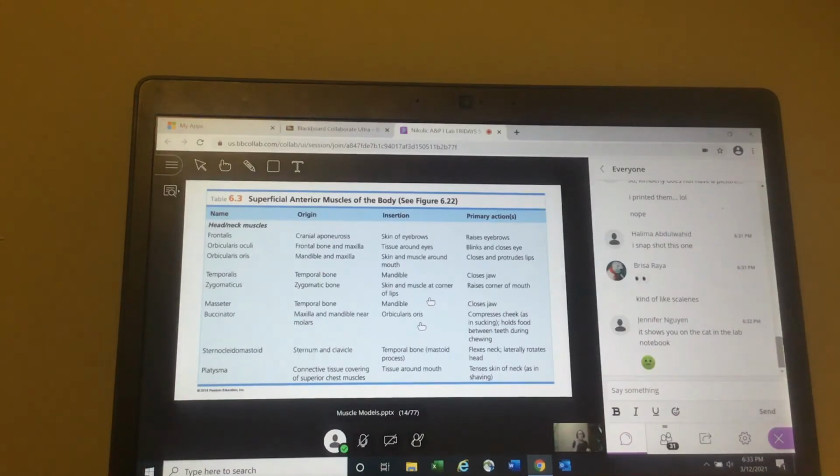Okay? Now, if you look here at this chart, the primary action or function is how things move, right? For example, orbicularis oculi, it blinks and closes the eyes. Guess what? That's good enough, right? When we get to the other muscles that actually do more of our extension, flexion, abduction, adduction, you just need to know what body part it abducts or adducts, right?